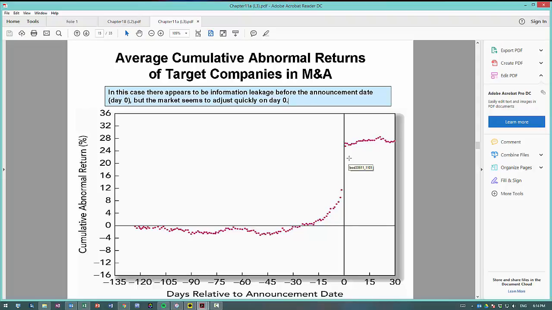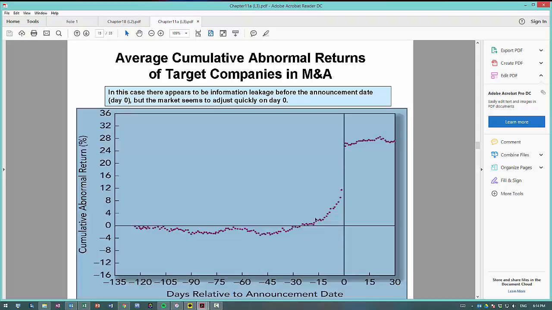If I am an investor and I see this kind of price pattern, can I make extra profit? Well, of course you can. You just have to trade somewhere around here. Okay, somewhere. Can I draw on this? No. Somewhere around here.